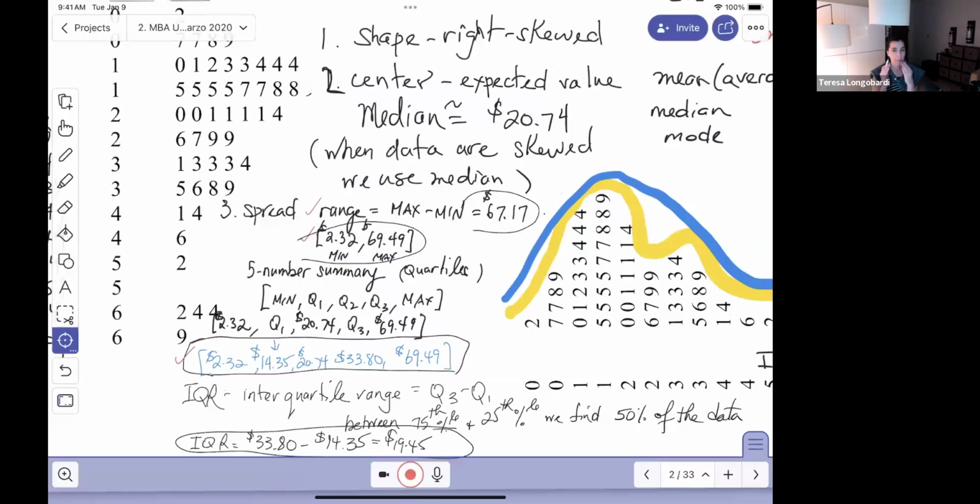So just by looking at this 5-number summary, you can tell that the data are skewed. You don't even need the graph, okay?